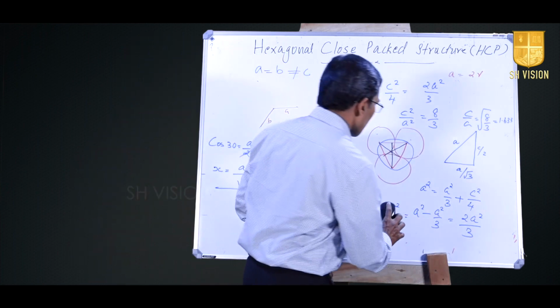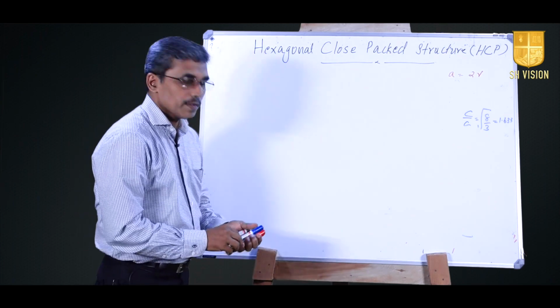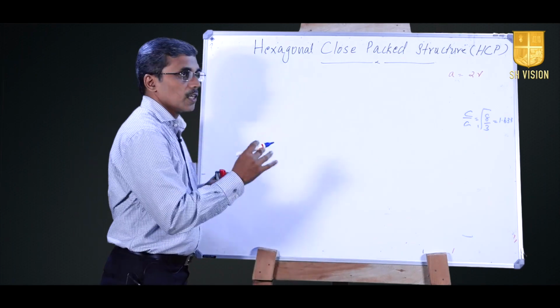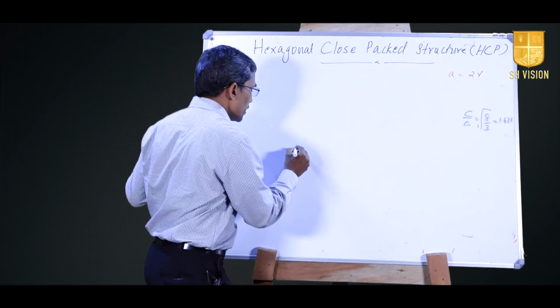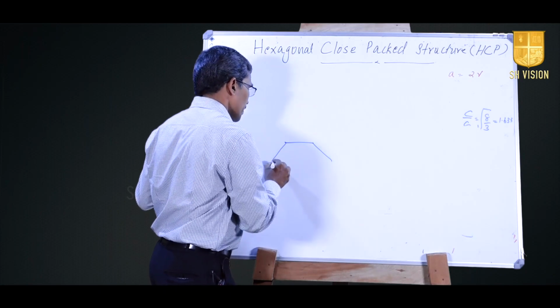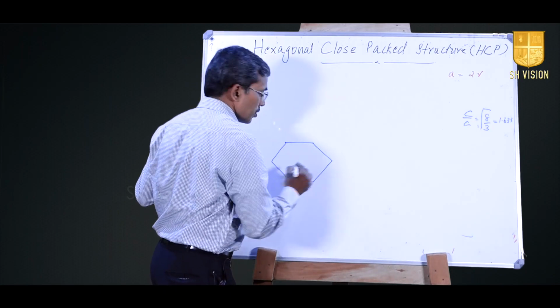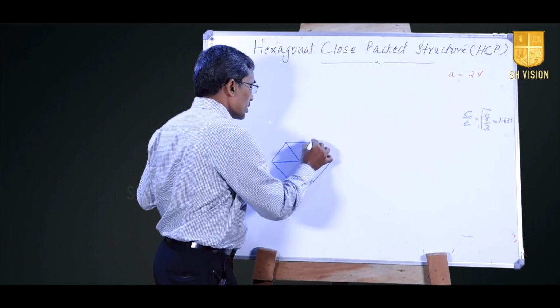Another point is we have to calculate the volume of the unit cell. The volume of the unit cell is equal to base area into height. So we have the base area, the base is in the form of a hexagon. This is your base and it is divided into 6 triangles.